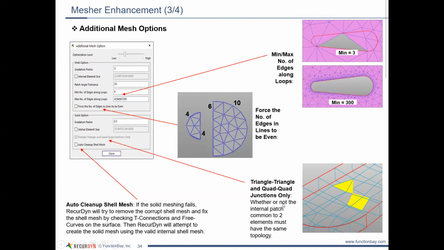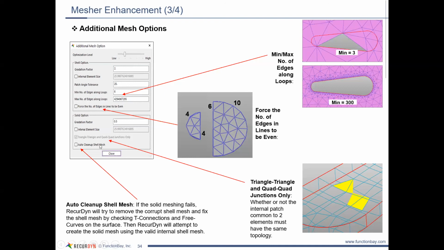And so this is toggling whether or not the internal patch that's common to 2 elements must have the same topology. So if you have 2 elements coming together, there's a common side, and this is controlling something about that topology.